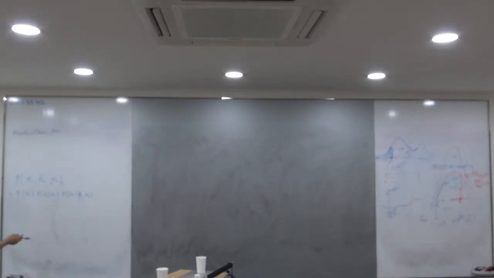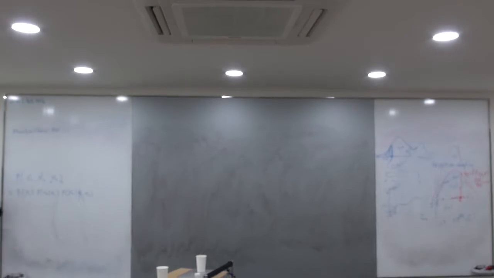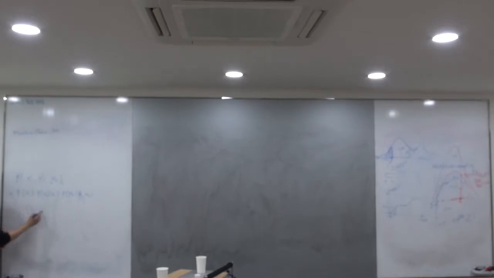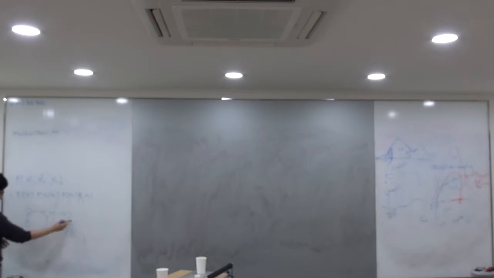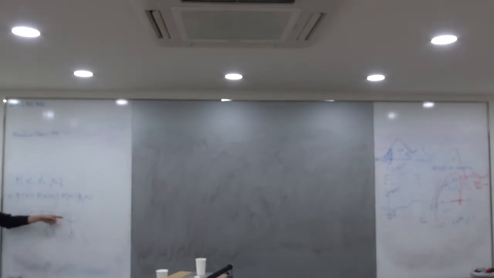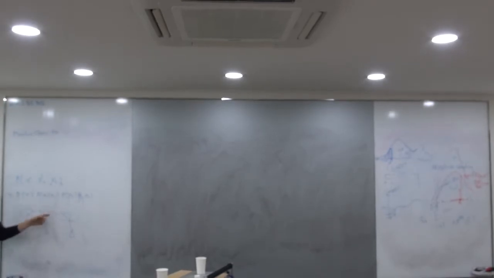So using the Markov assumption, I mean, you've already learned the hidden Markov model, so you should know the Markov assumption, right? The hidden Markov model looks like this, and these are hidden nodes. The hidden nodes are assumed to have the Markov property.